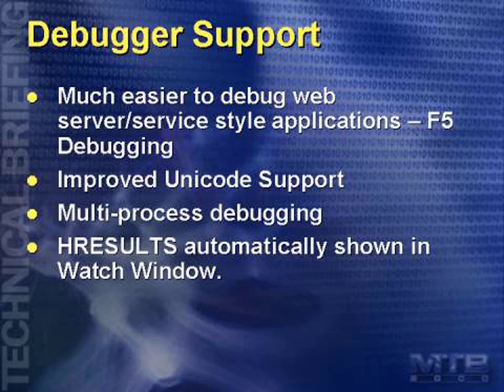The new debugger has a couple of other features which are great for creating web services. The new improved Unicode support is very handy. So when you're creating international pages using Unicode, they now come up. Previously there were some problems opening them in certain watch windows and things like that. That's no longer the case. There's now multi-process debugging, which is great when we talk about web services in a few minutes.